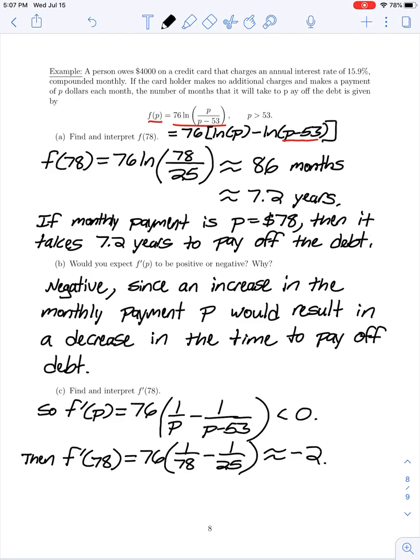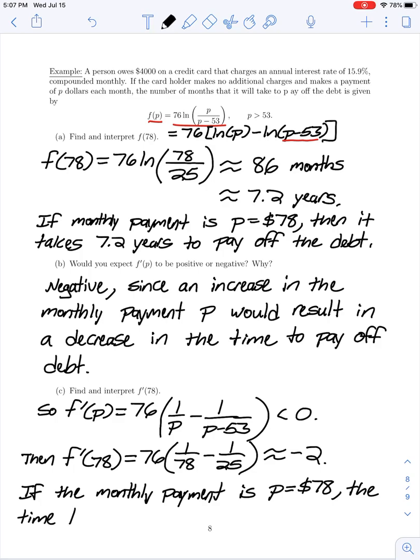So the interpretation for this value would be, if the monthly payment is P equals $78, the time to pay off the debt is decreasing.